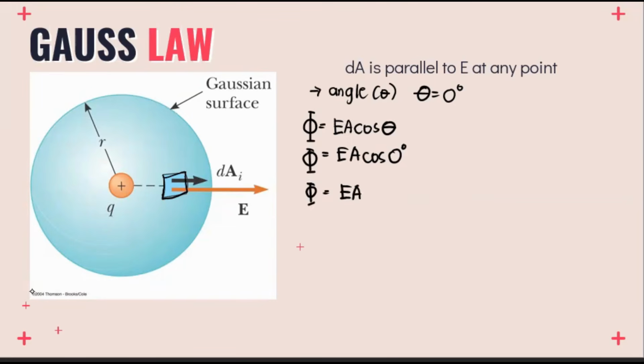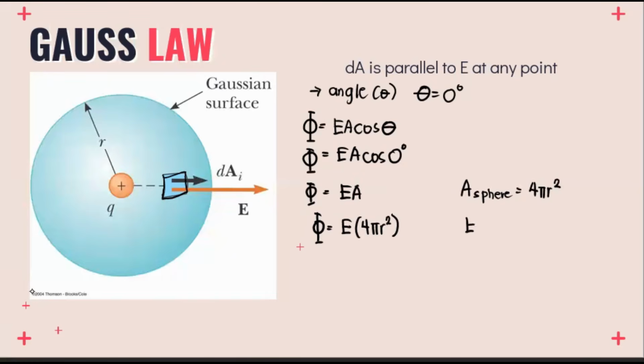So, since our Gaussian surface here is a sphere, in order for us to get the surface area of a sphere, we use this equation. Area of sphere is equals to 4 pi r squared. So, pwede po natin siyang isubstitute dito sa ating equation ng electric flux, E 4 pi r squared.